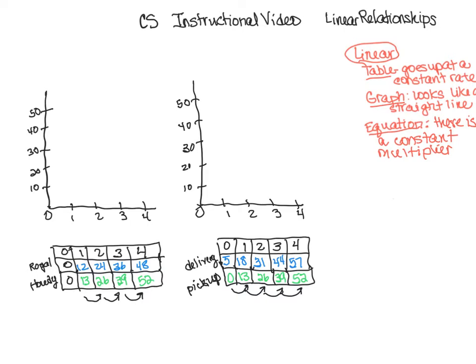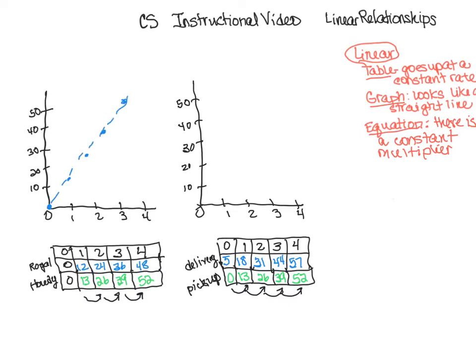Okay, so let's graph these, and I'm going to do the best I can in making this as neat as possible, but you just have to put up with me. For 0, 0, here it is, 0, 0. 1, 12, 2, 24, 3, 36, and 4, 52. And I'm going to say that that is a straight line.